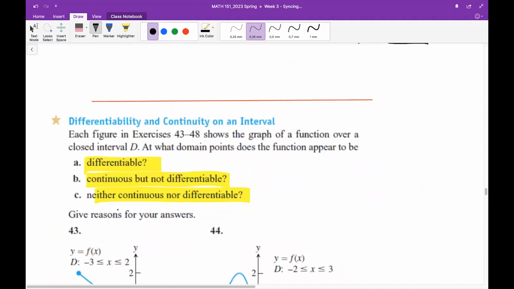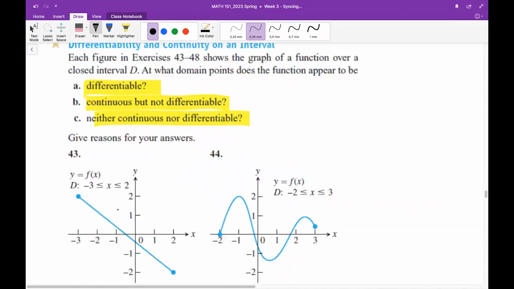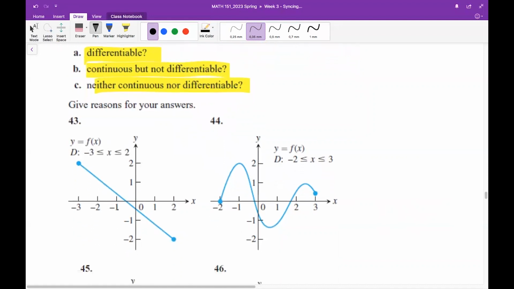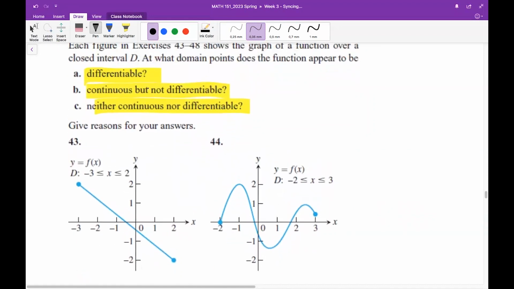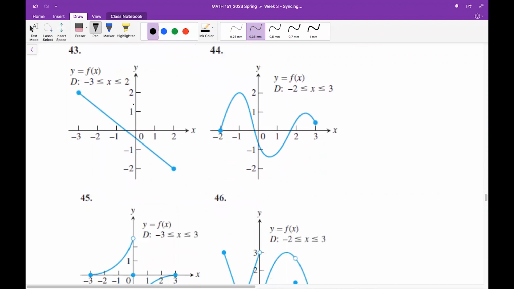Okay, let's move on. This time, again, this is a geometrical question. By looking at the graphs, we will decide the points at which it is differentiable, it is continuous but not differentiable, and neither continuous nor differentiable. Let's analyze the graphs. Look at the first graph. We draw it without lifting the hand, right?